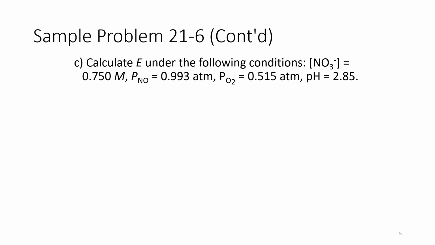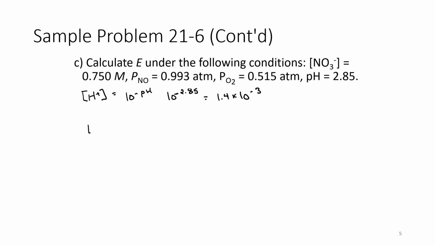So like usual, we've got to figure out what the concentration of H+ is from that pH, and then we can plug everything into our Nernst equation. The H+ concentration is 10 to the minus pH, from our acid-base chapters. So 10 to the minus 2.85 is 1.4 times 10 to the minus third.